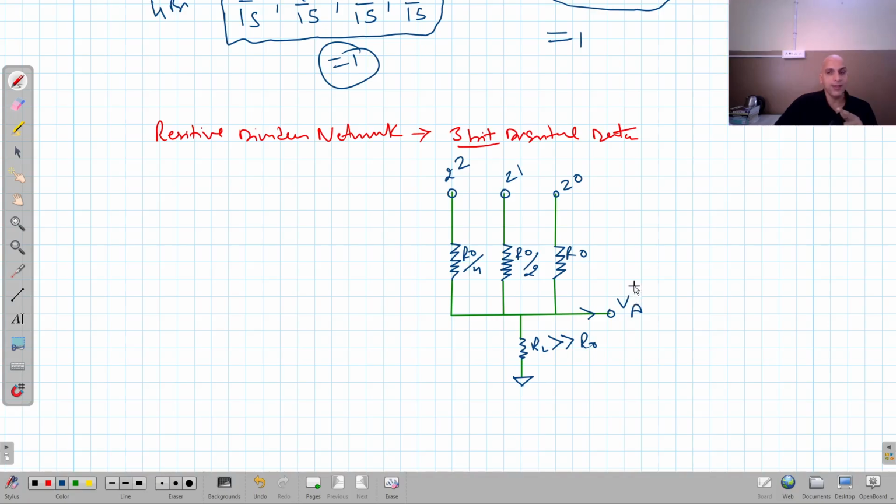We also know that if I have 001, then output will be 1 volt. If one appears here, it will be 2 volt. If one appears here, it will be 4 volt. But if I have 111, the output will be 7 volt.